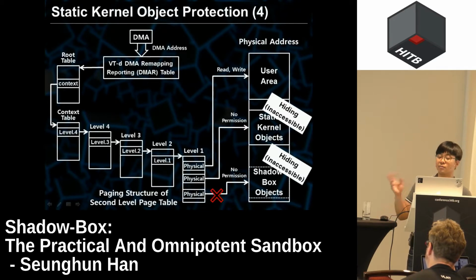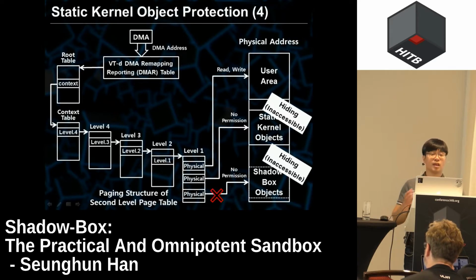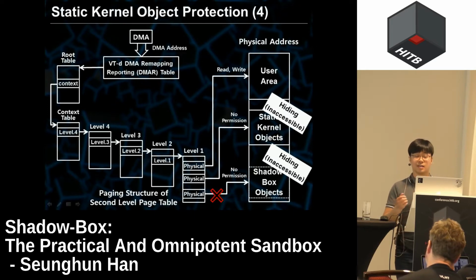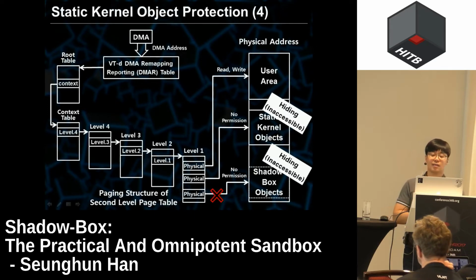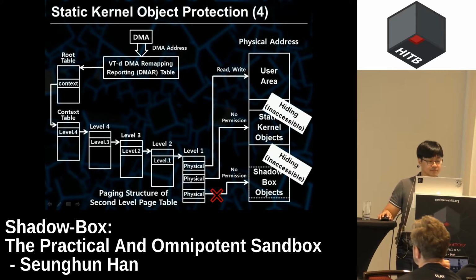LightBox sets no permission to static kernel objects and Shadowbox for preventing DMA attacks. The DMAR table can be attacked, so LightBox locks the DMAR table with EPT to prevent unauthorized modification.